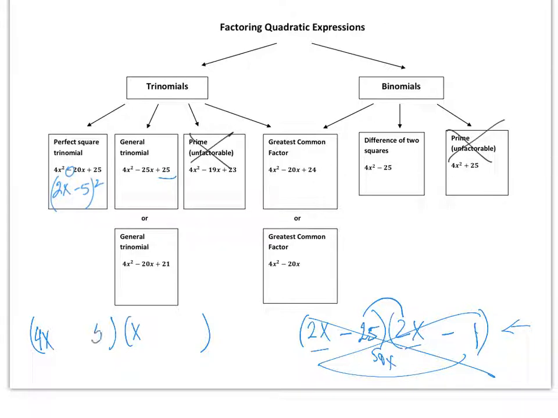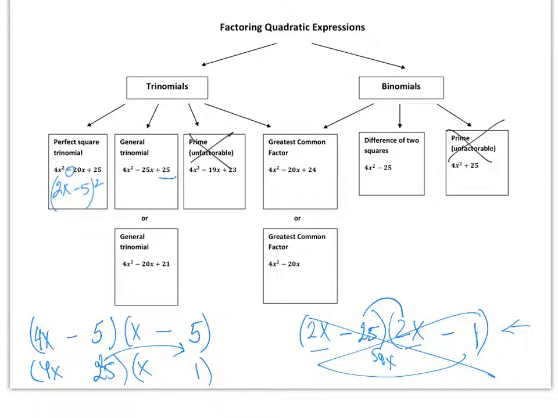We can have several choices, unfortunately, for 25. It can be either 5 and 5, or it can be 25 and 1. And to make matters worse, 25 and 1 can be swapped around, because now it matters. So let's see what happens.